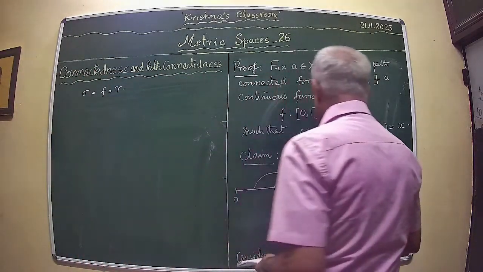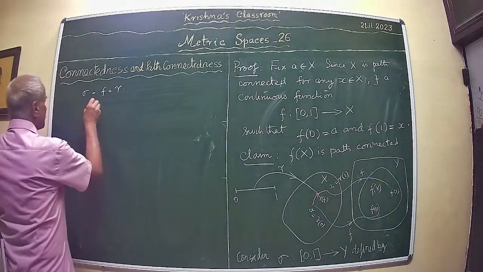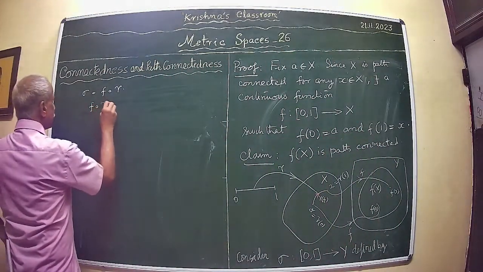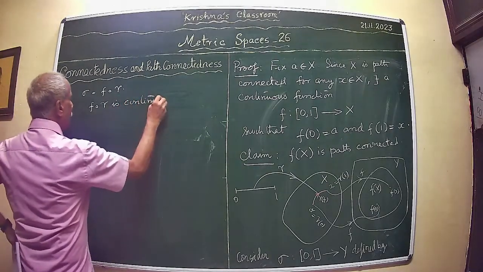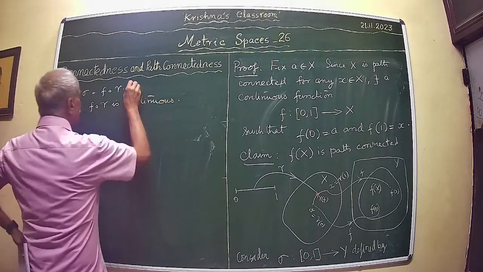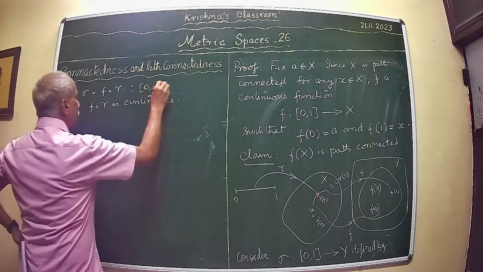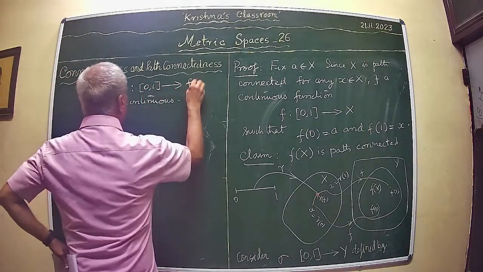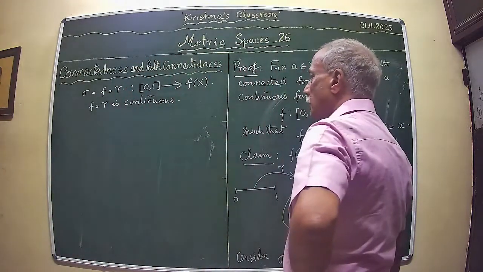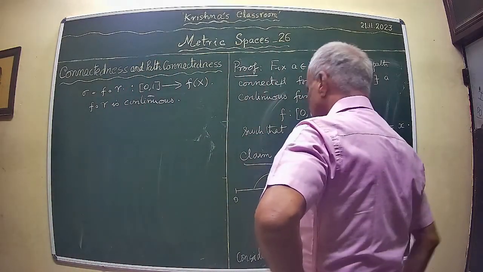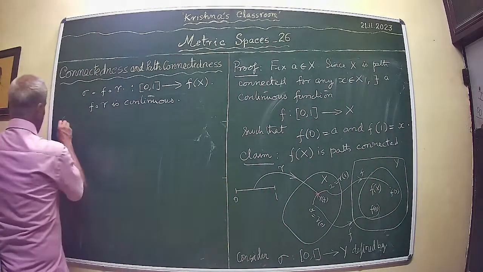So you see that f composition gamma is continuous because both f and gamma are continuous.